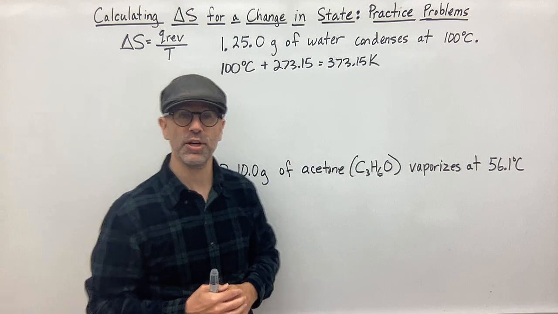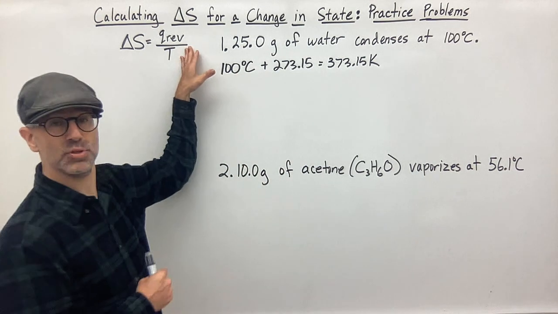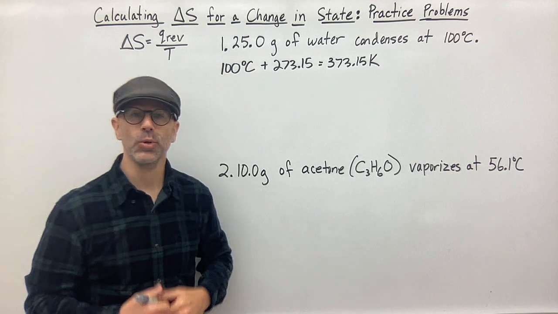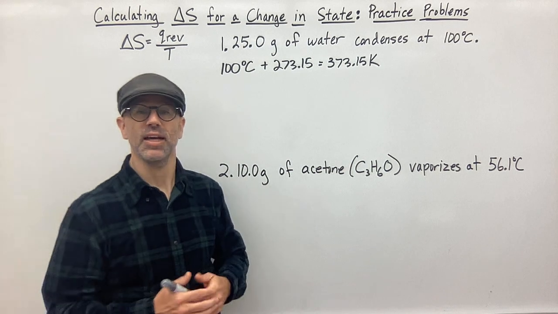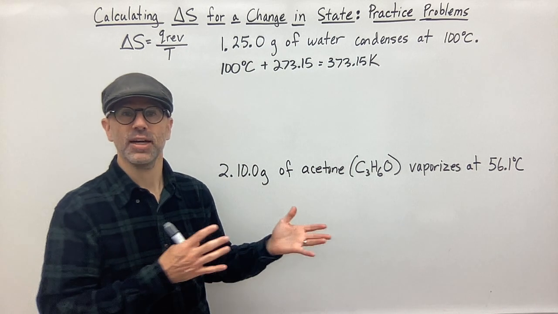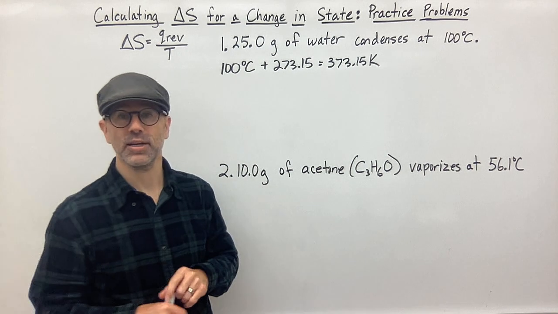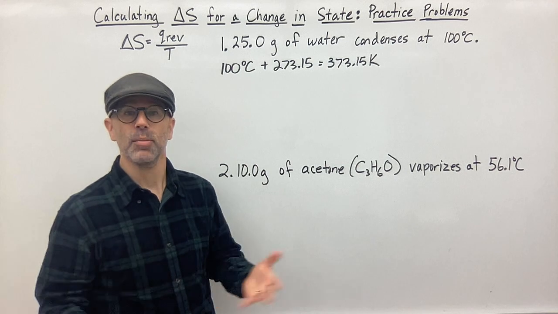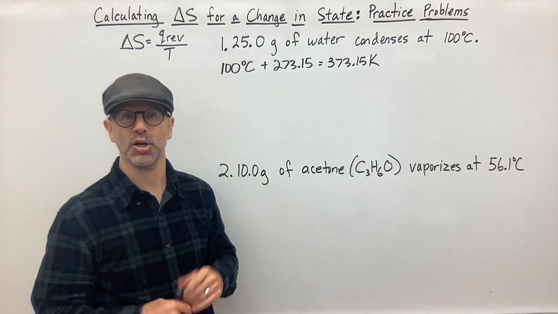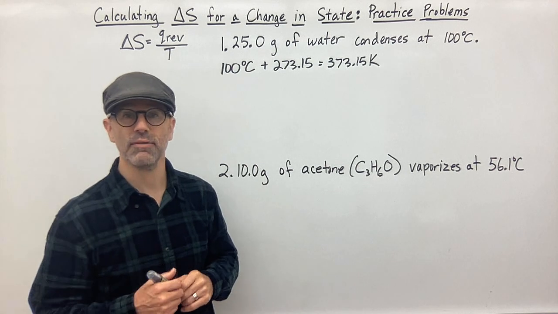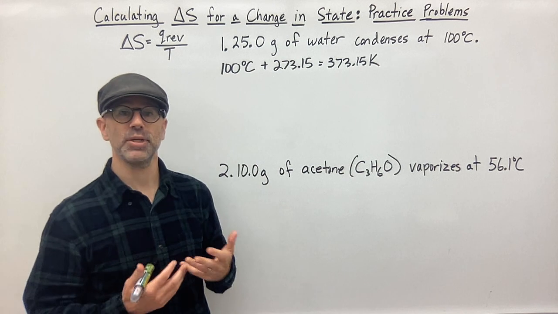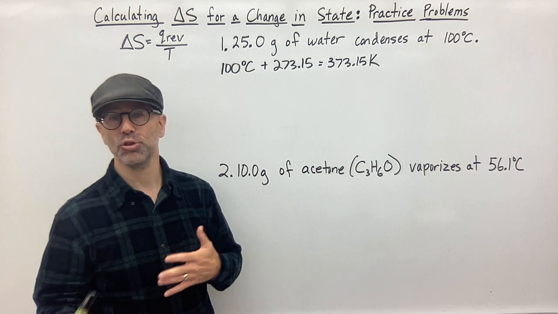In order to figure out how much heat is absorbed during that process, we need to know how much heat is absorbed during condensation or boiling per certain amount of the material, per mole or per gram. Usually it's going to be kilojoules per mole or joules per mole.